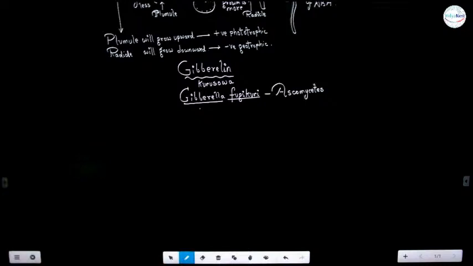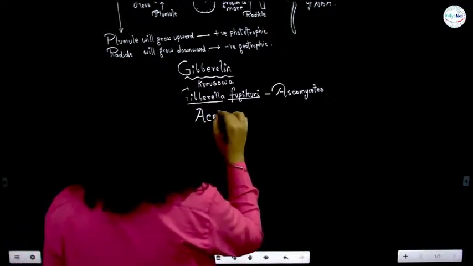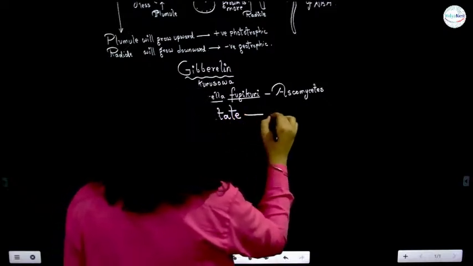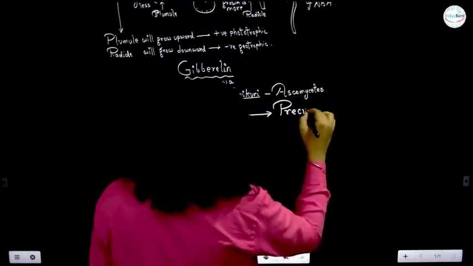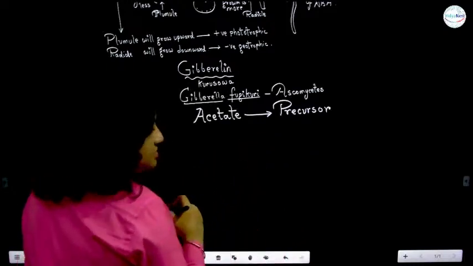And for gibberellin, you know that it is acetate. It serves as the precursor of gibberellin.